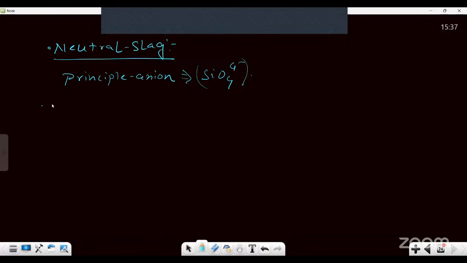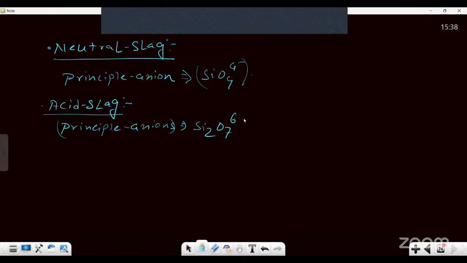And for the acid slag, the silicate degree is greater than 1, and the principal anions are Si2O7 6 minus and Si3O10 8 minus. Okay, these are the principal anions.